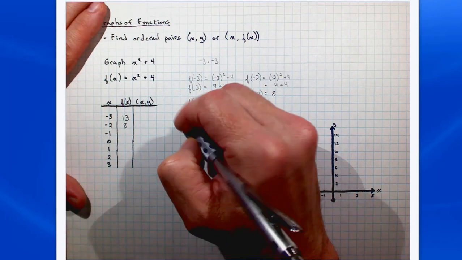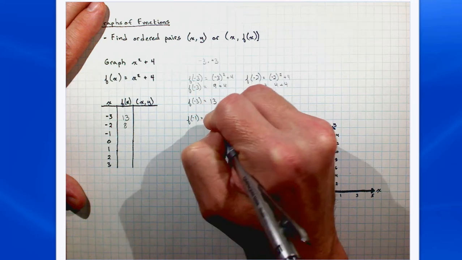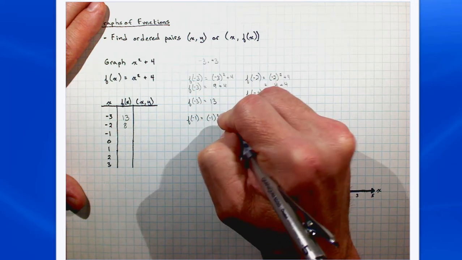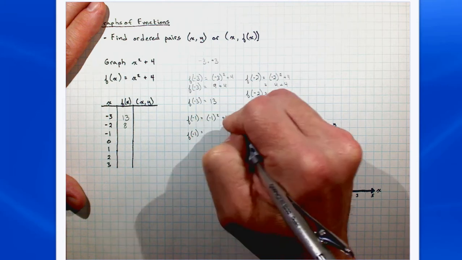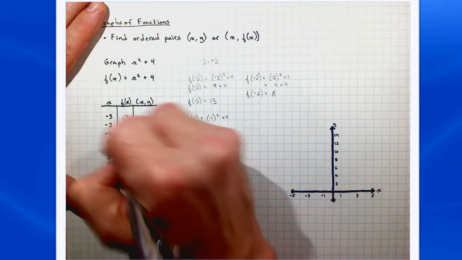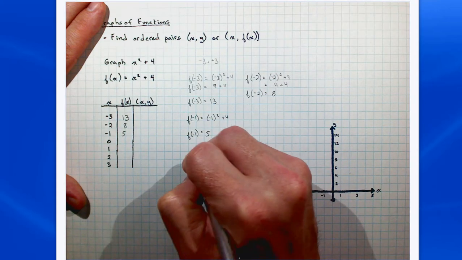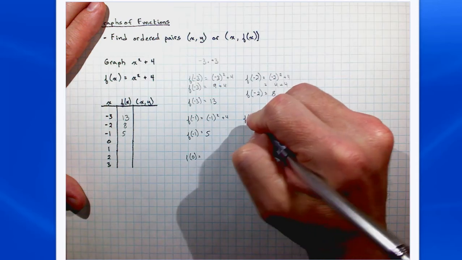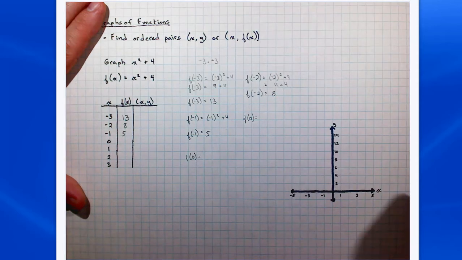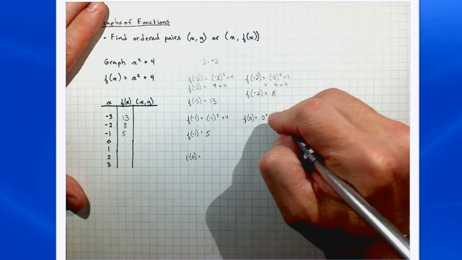Okay, so let's see. f of a negative 1 equals a negative 1 squared plus 4. So a negative 1 squared is simply 1. 1 plus 4 is 5. And f of 0, we'll write it up here. f of 0 is simply 0 squared. 0 times 0 is 0.